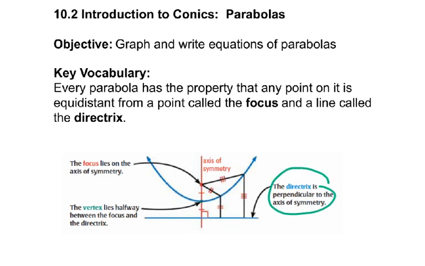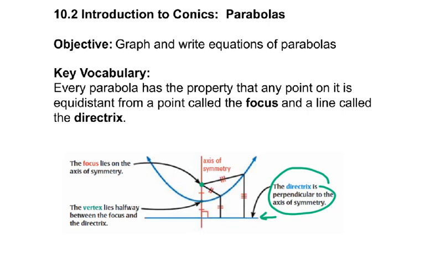So the directrix is this line right here, obviously. It is on the side of the parabola that the parabola is not opening towards. In other words, the parabola never crosses the directrix. And then the focus is always inside the parabola, kind of cupped inside of there.